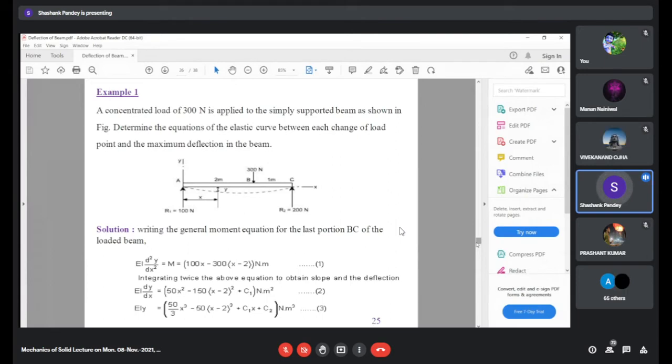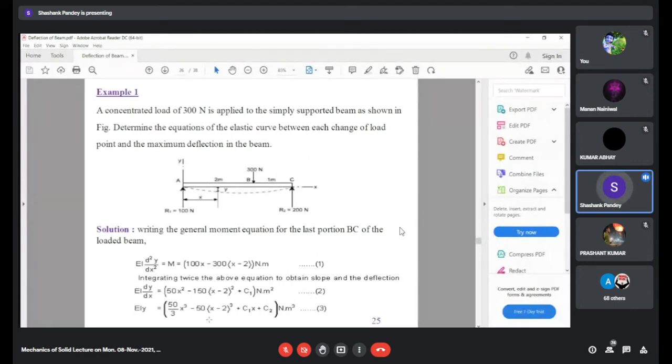But you see that while determining the value of the constant, we will neglect the term inside the bracket, that is, x minus 2 is to be neglected. So we will substitute x equal to 0 by neglecting x minus 2, and we will get the value of constant C2 as 0.